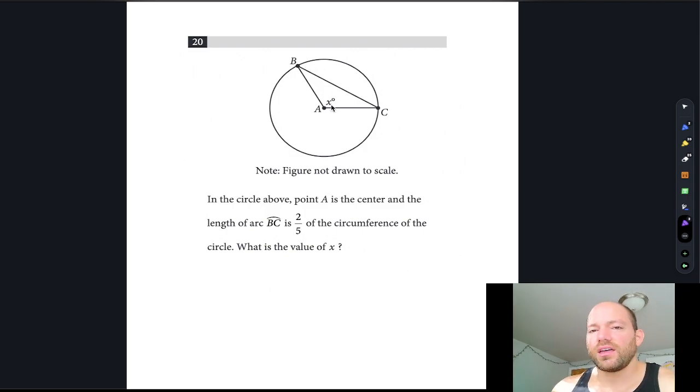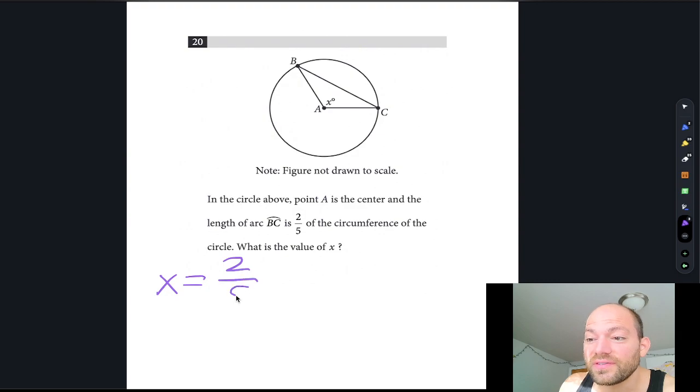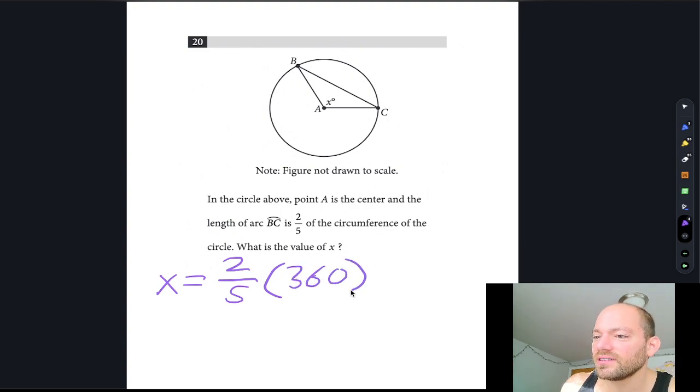And it means that x, the central angle, is 2/5 of 360. Yup. So that's all we got to do here. Just do 2/5 of 360, and that'll do it.